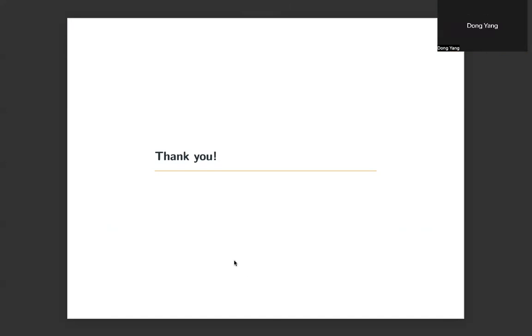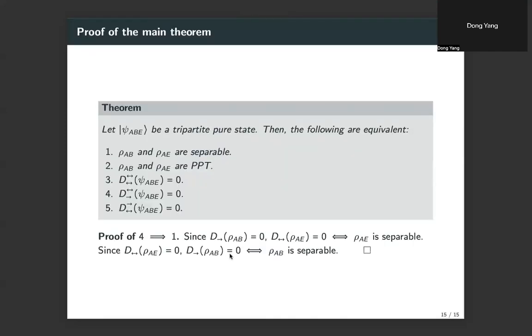Okay, I have a question. Yesterday, Felix said that the bi-PPT conjecture is proved for quantum channels. So I'm wondering whether the theorem, I mean the first and the second one, can be used to prove exactly the bi-PPT conjecture.